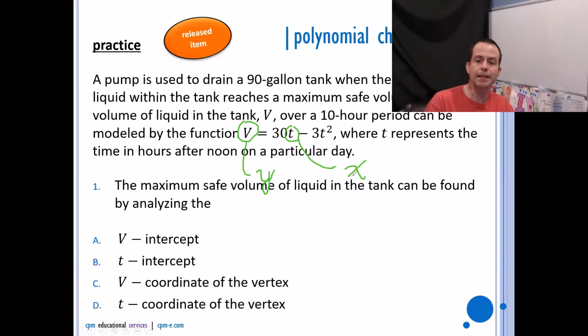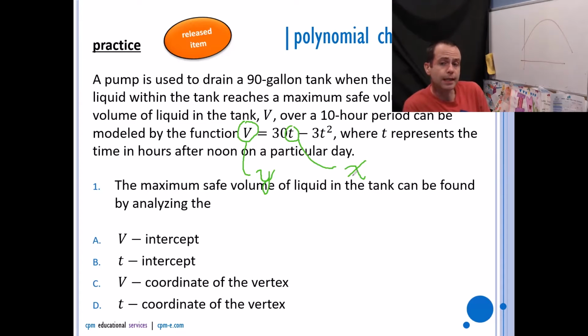Now, the maximum safe volume of liquid in the tank can be found by analyzing the, well, what are we doing? We could graph this, okay? We could just graph it and see what it looks like. Essentially, if you do that, you're going to get a picture that looks like this, okay?